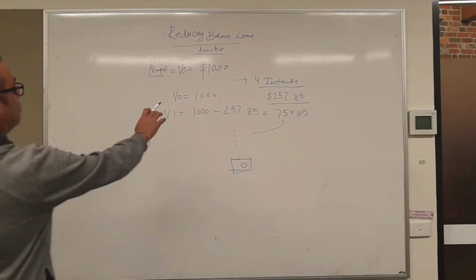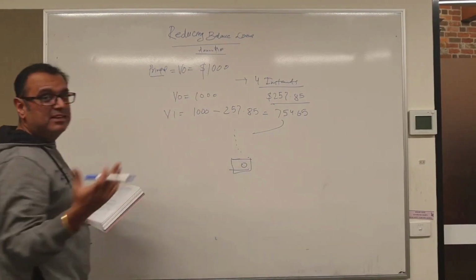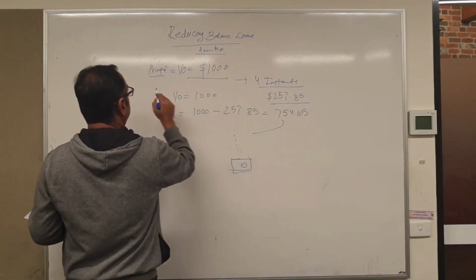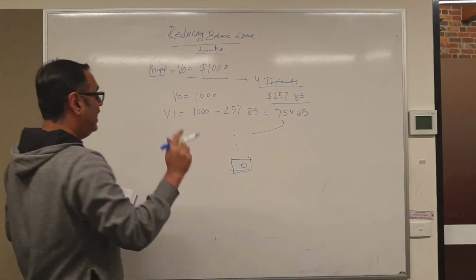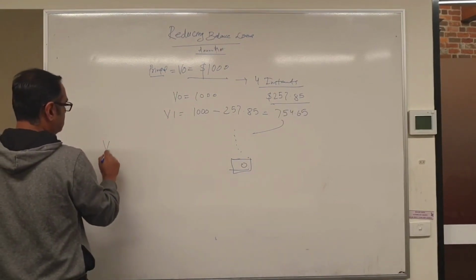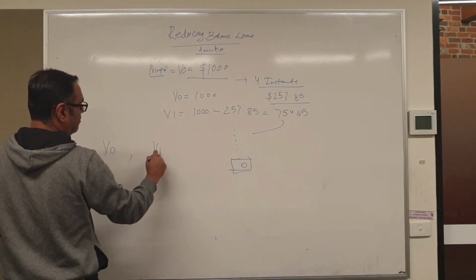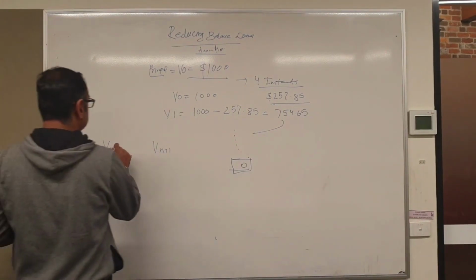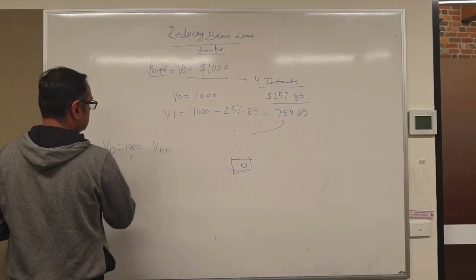Now, if I have to put this into a recurrence relation, I would say my recurrence relation has two parts, the V0 and the Vn plus 1. My V0 is what? 1000.